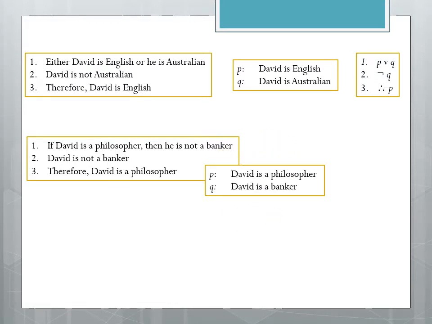P denotes David is a philosopher, and Q can denote David is a banker. Now we can go ahead and complete the translation, and what we get is P horseshoe gate Q. For the second premise, gate Q, and for the conclusion, we get the three dots followed by P.